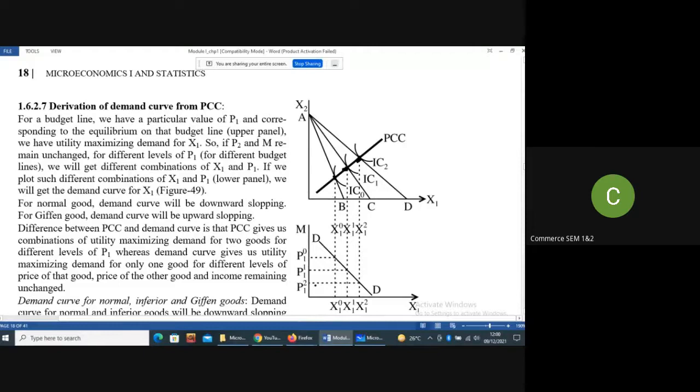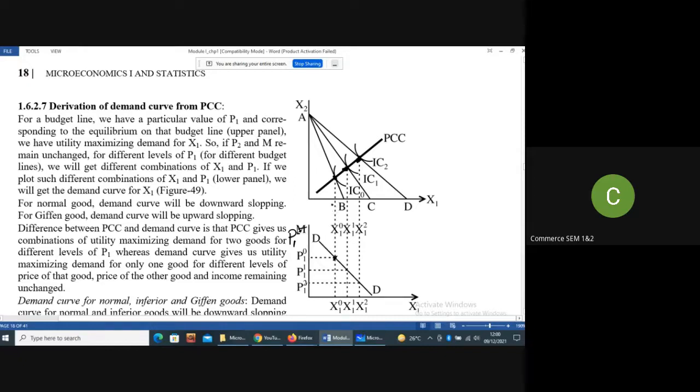In this diagram we are plotting commodity 1 and commodity 2, but in the other diagram we are plotting the price of commodity 1 and the demand of commodity 1. For the budget line AB, we have some value of P1, say P10. At P10, you are consuming X10 amount of X1. So you get this point.